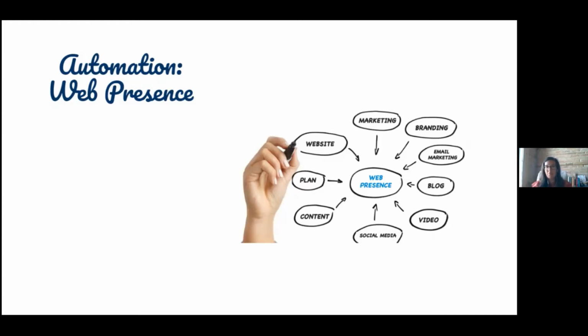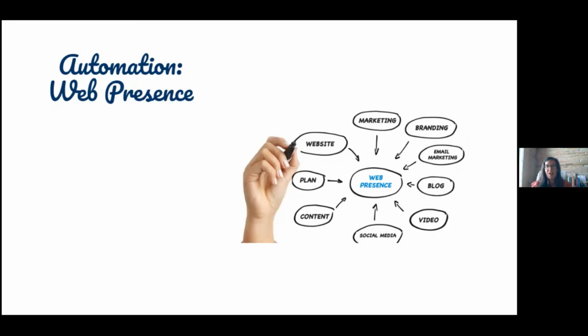So I wanted to really start with what automation looks like in terms of planning. With all small businesses, we should think about it in terms of our web presence. I really believe that in the last 18 months or so, we've learned how to think about our businesses in a different way, or maybe we're just starting to do that as we navigate what our new normals are becoming.